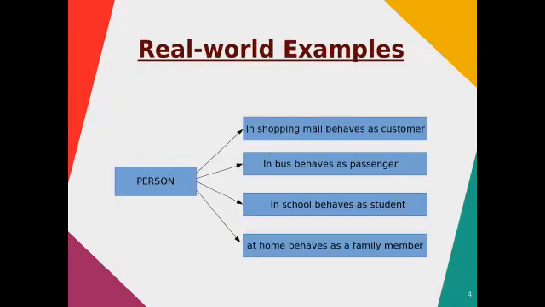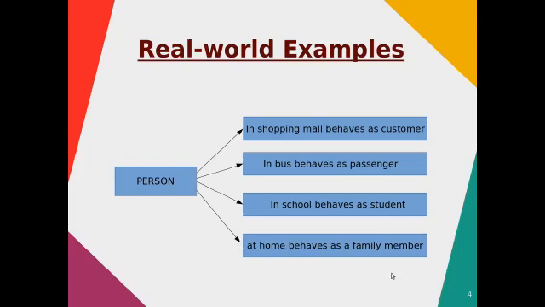Let's take another example. Consider a person. Consider yourself in that position. If this person is in a shopping mall, he or she behaves like a customer. If this person is traveling by bus, then he is considered a passenger. If he is at school, then he behaves like a student, and if he is at home, then he behaves like a family member.